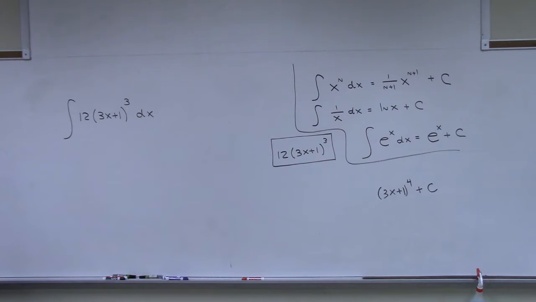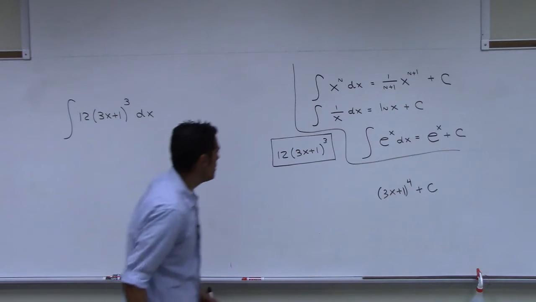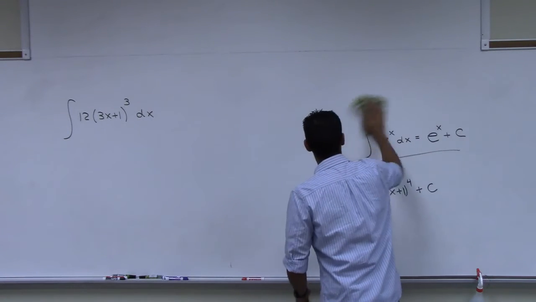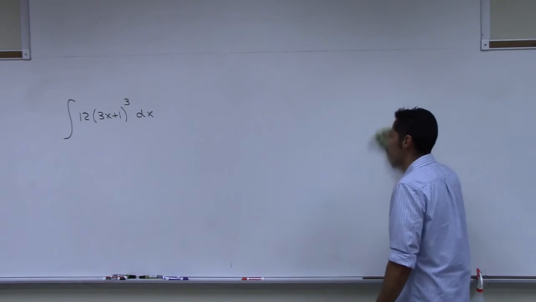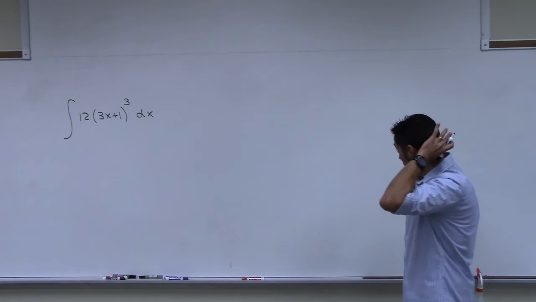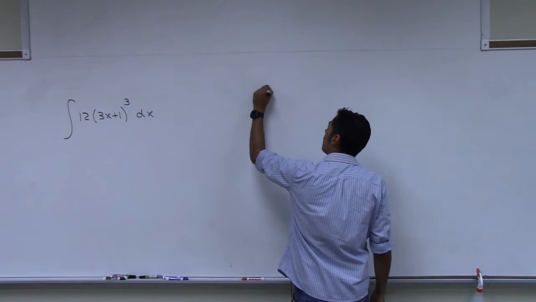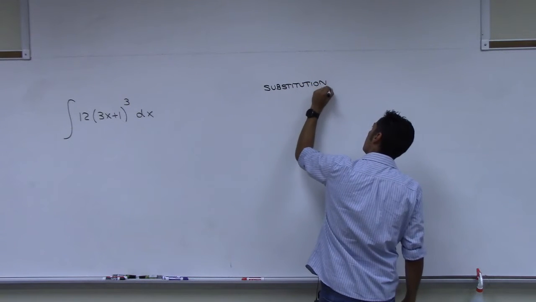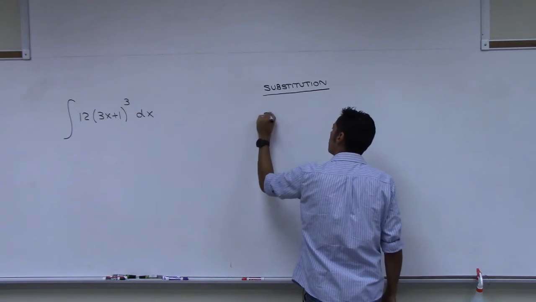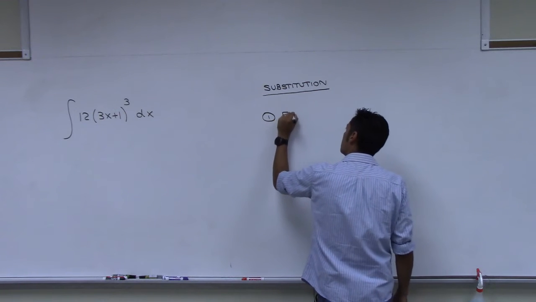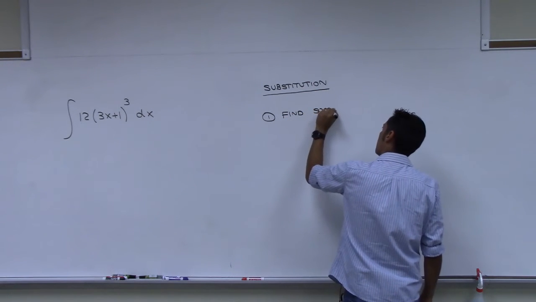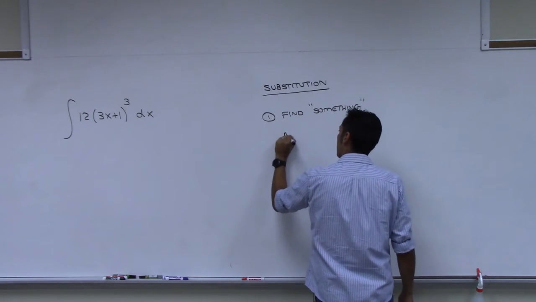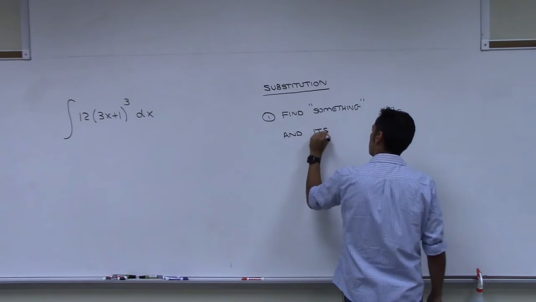Yes? Okay. So here's the process for substitution. It's going to look really weird and sound very strange until I start to do some examples, and then hopefully you'll start to catch on. Here's the technique that we're going to use. First of all, find something and its derivative.